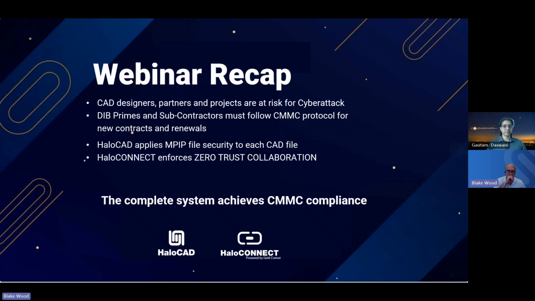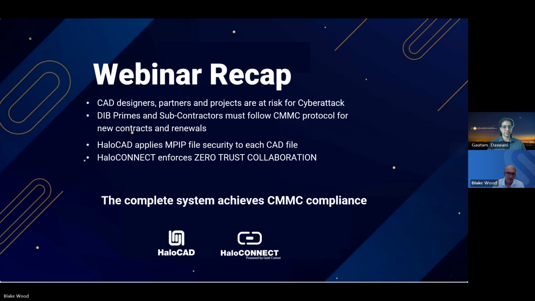DIB, defense industry base primary contractors and subcontractors who need to follow CMMC, and we apply MPIP file security to each CAD file, and then again, on top of that, when it's in the Halo Connect environment, it enforces what Gautam likes to say, and who coined this term, zero trust collaboration, which you don't hear about too much. So really excited about it.